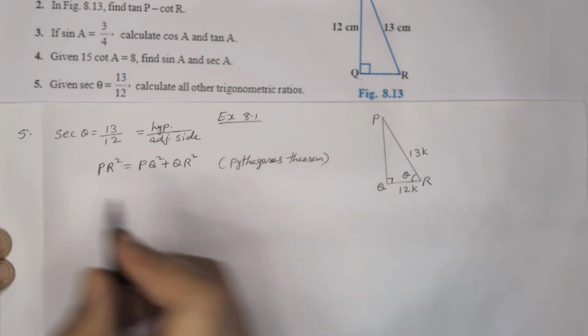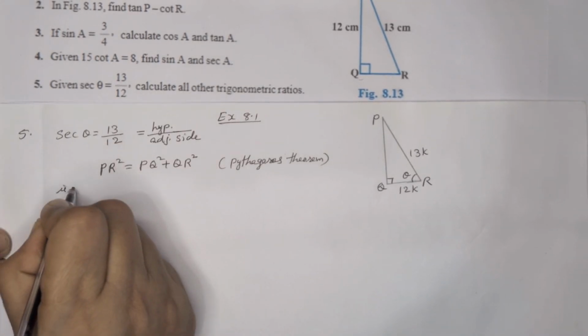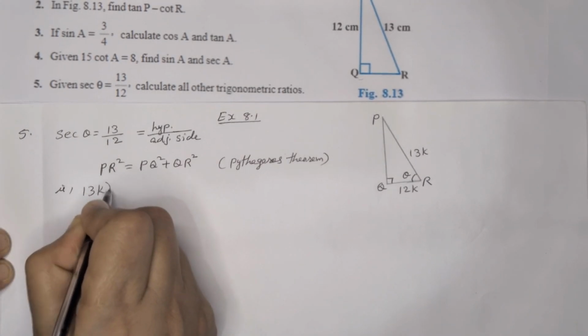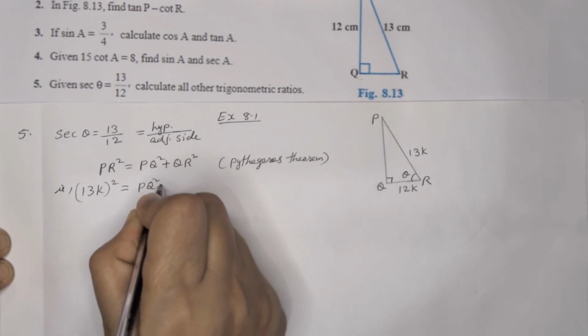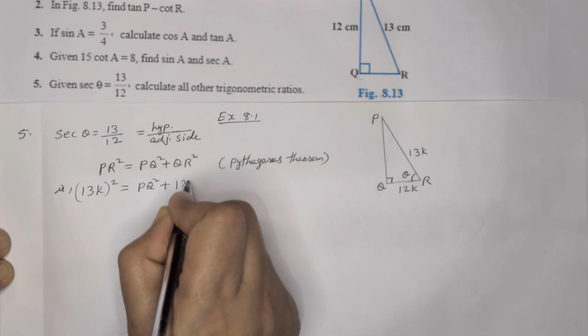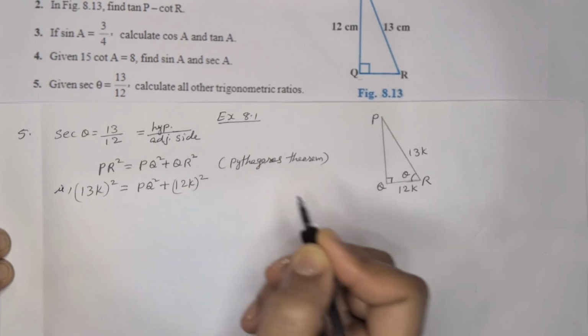Hypotenuse square is equal to base square plus altitude square. Here PR is 13k. That means 13k the whole square is equal to PQ square plus QR, which is 12k, square.